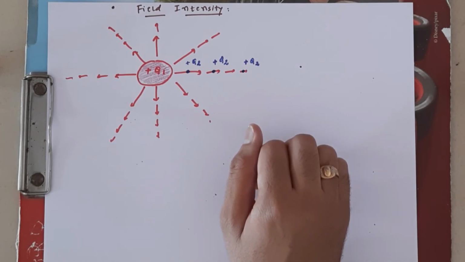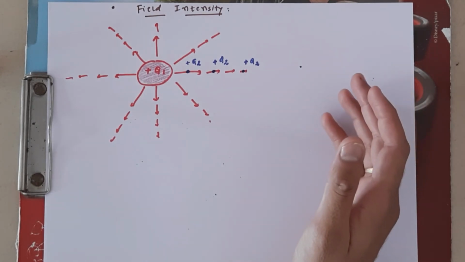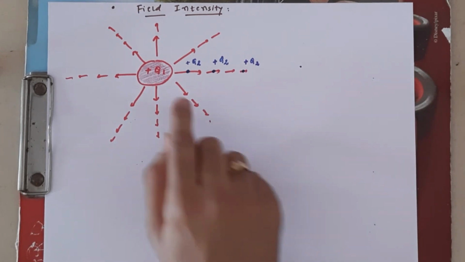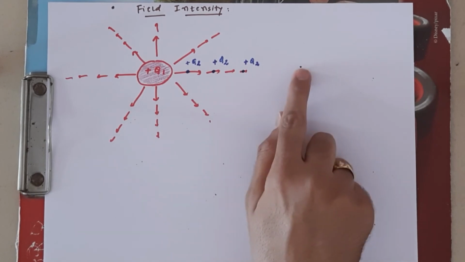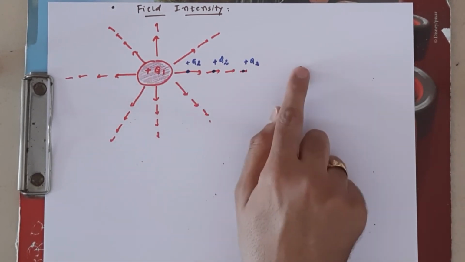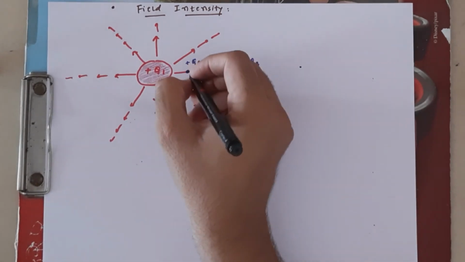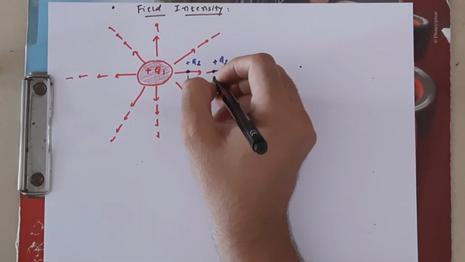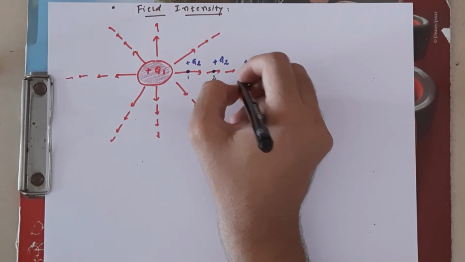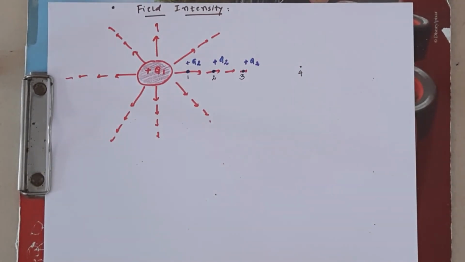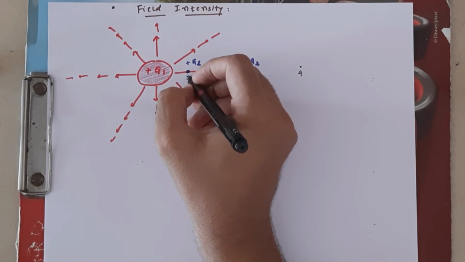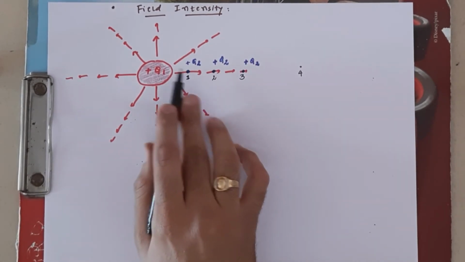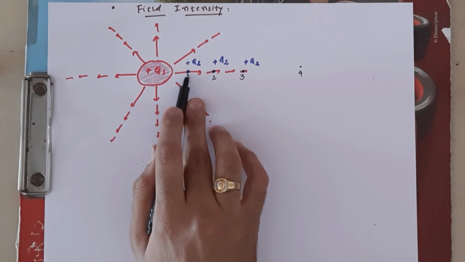As we know, the force is inversely proportional to the square of the distance. Here the distance is minimum, so the force is maximum, and in the last case the distance is maximum, so the force is minimum. So here I consider a total of four points: first, second, third and fourth. At the first point, the electric field due to the plus q1 charge is very strong.